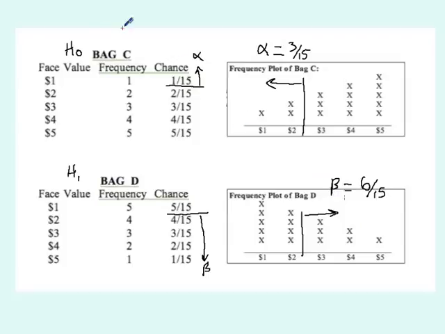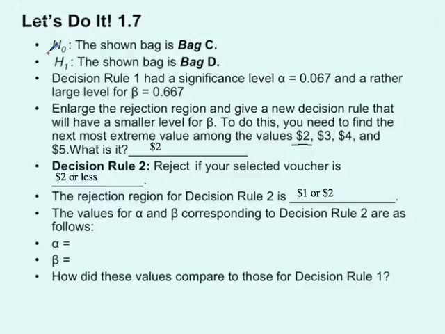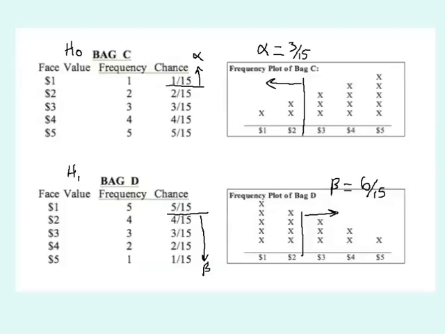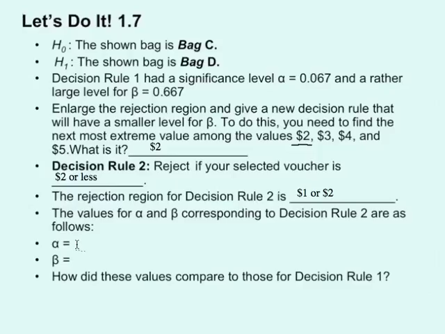Alrighty then. So let's go back and fill that information back here. They want us to know, based on our new decision rule, what is alpha and what is beta. Alpha turned out to be, let's take a quick peek here again, 3/15. Now if you want to write that as 3/15, that's totally good, but of course we know that you can simplify that. 3/15 is the same thing as 1/5.